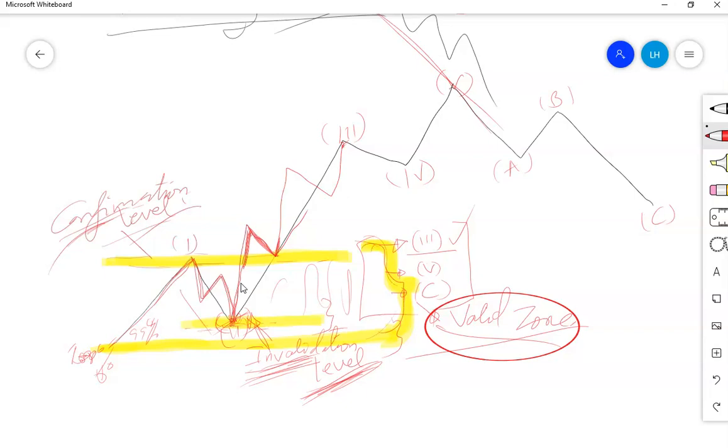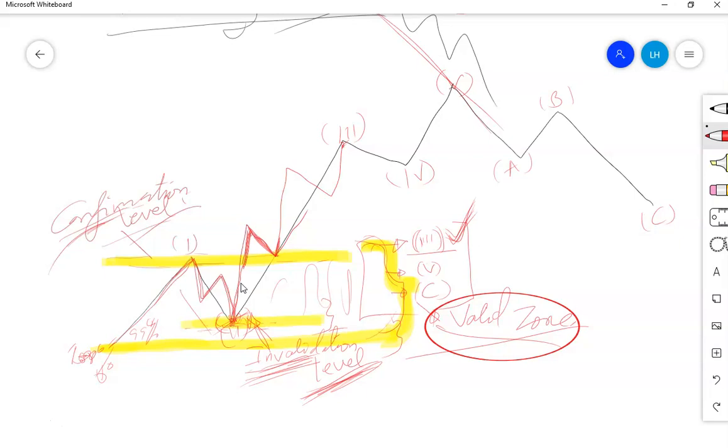So now, after having the key levels, the confirmation level, the invalidation level, and the valid zone, you can put in your trading rules in order to trade the third wave. Now we need to understand how you can trade the third wave, so you can set your rules on how to enter a trade.